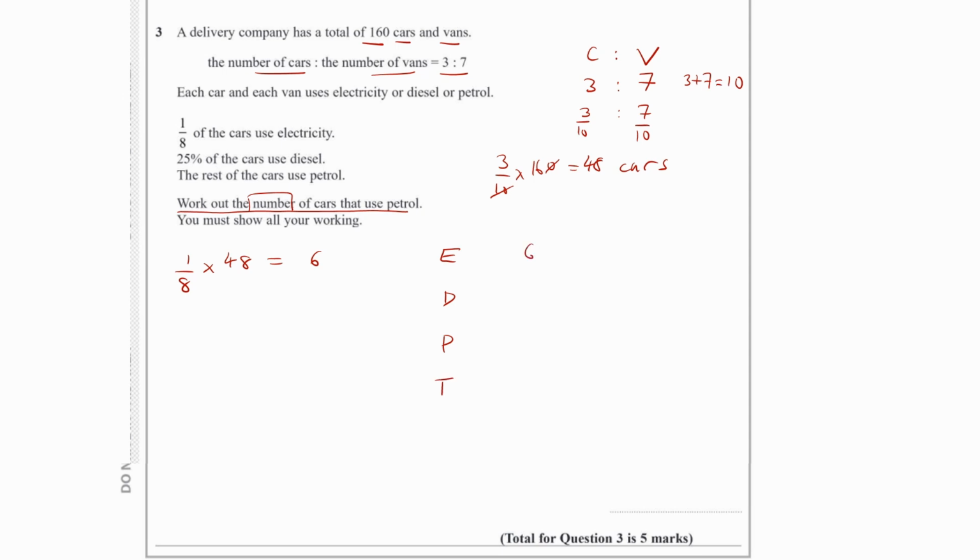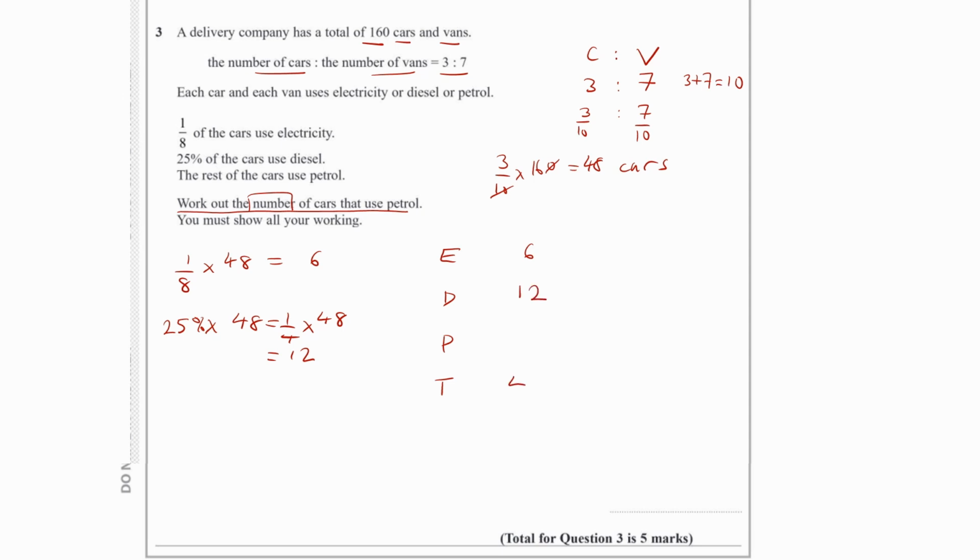We've got 6 of them using electricity. 25% of them use diesel. So 25% of 48. That's the same as a quarter of 48, which equals 12 cars. That's using diesel.